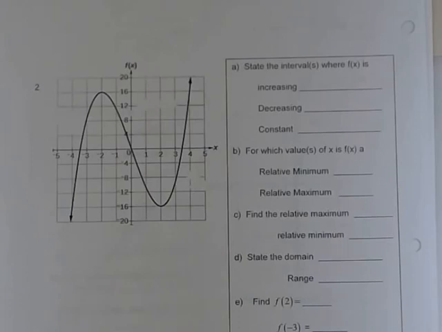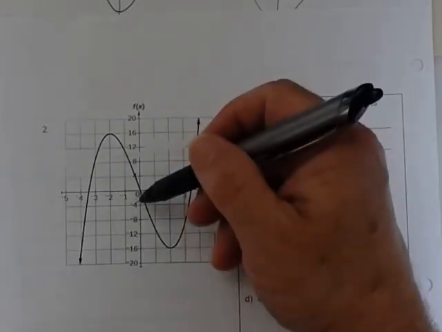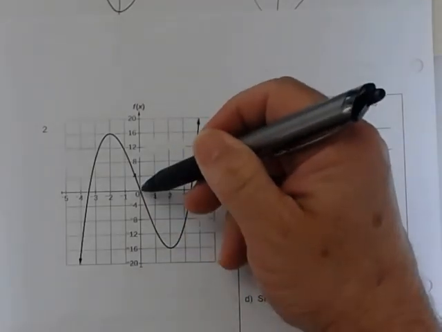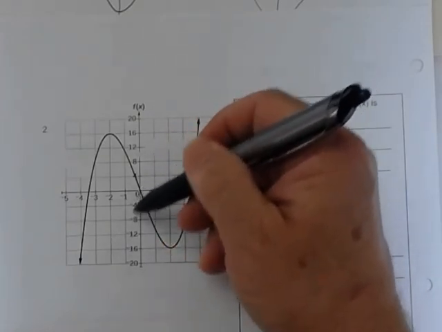Is this function even? Okay, so look at this part here, right here. If I reflect this about the y-axis, I get this right here. Y'all see it? Is that on the graph?